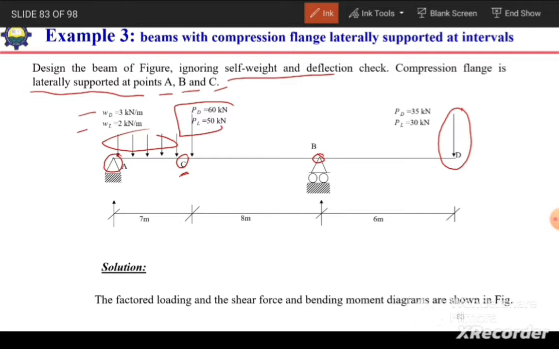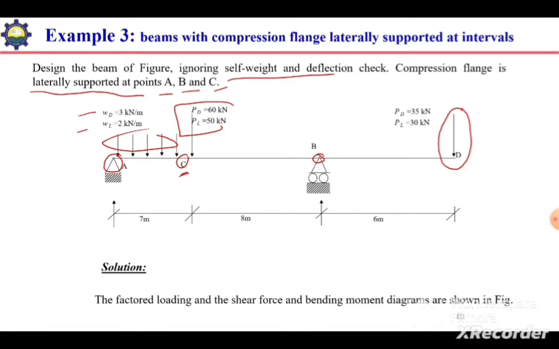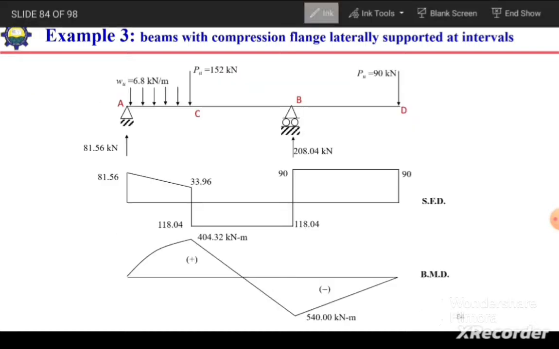So we need to design this beam using a compact section with a W shape or I shape. First of all, we need to draw the shear force and bending moment diagram based on the factored load. We can calculate the factored load by considering the factor 1.2D plus 1.6L.